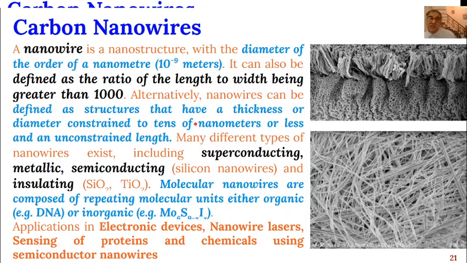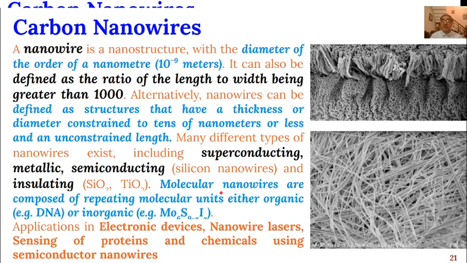Many different types of nanowires exist. There are superconducting nanowires, metallic nanowires, and semiconducting nanowires such as silicon nanowires. Then insulating nanowires, made of silicon dioxide or titanium dioxide.